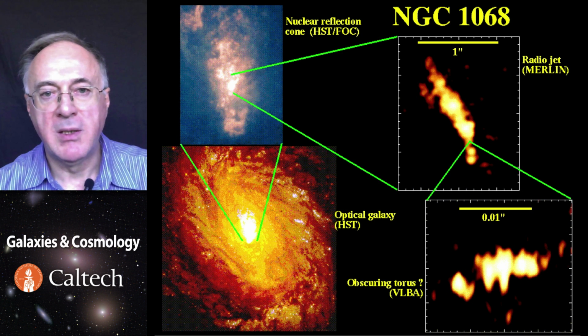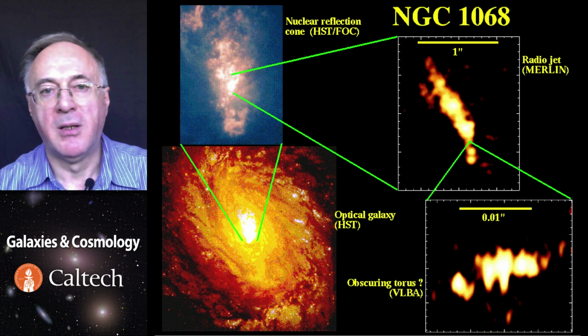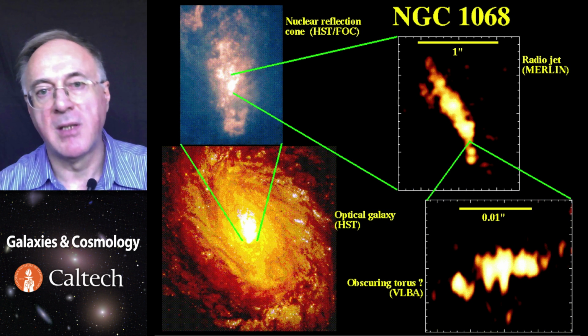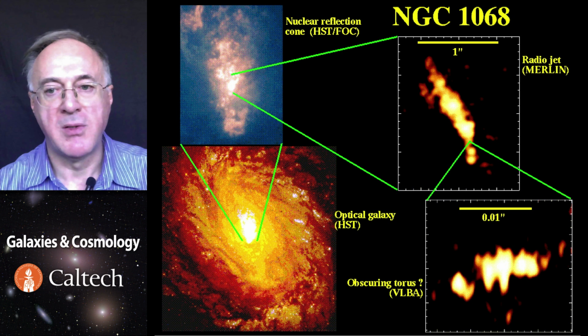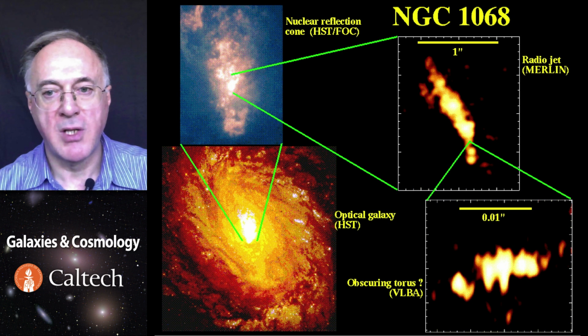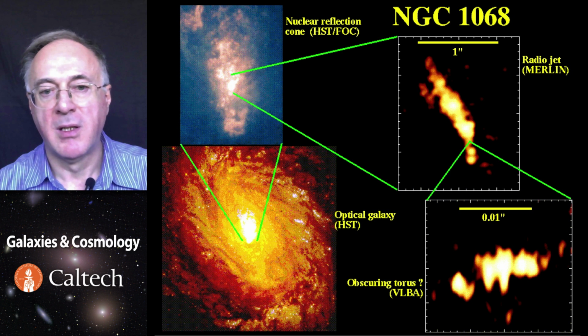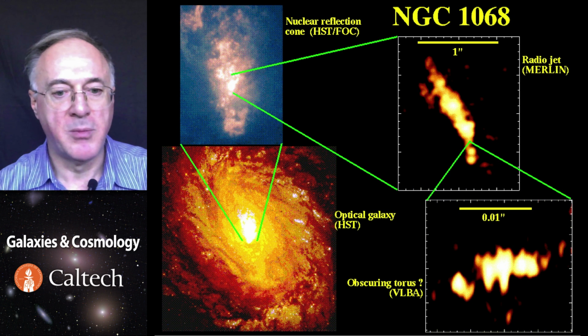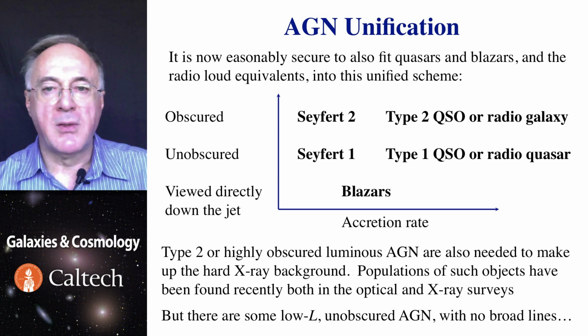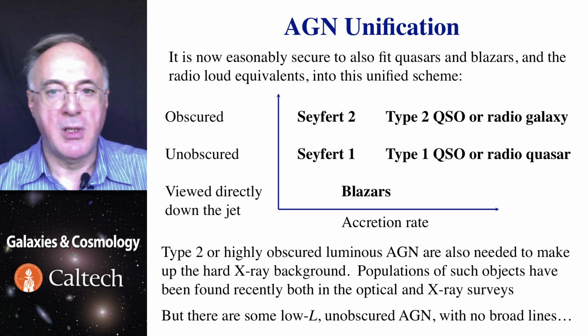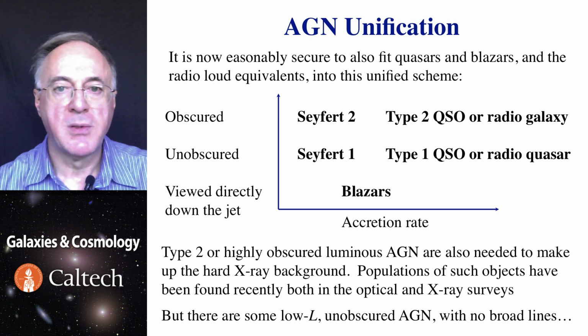Here is a more detailed portrait of the Seyfert galaxy NGC 1068, which shows the ionization cones as well as the radio observation. So there is a radio jet that goes in the same direction as the opening angle of the obscuring torus.